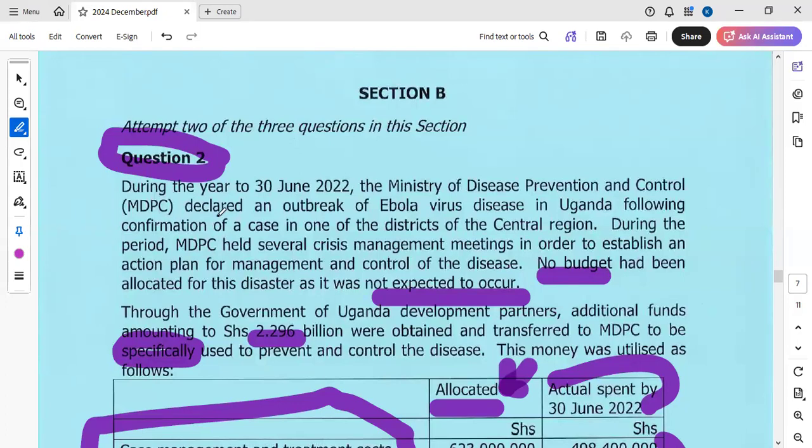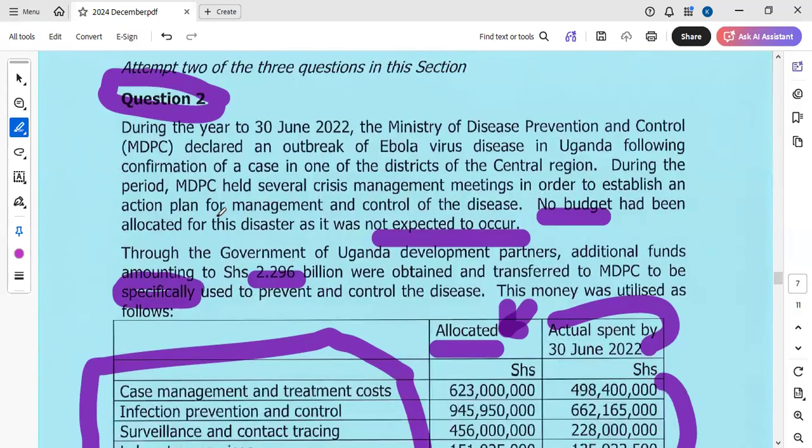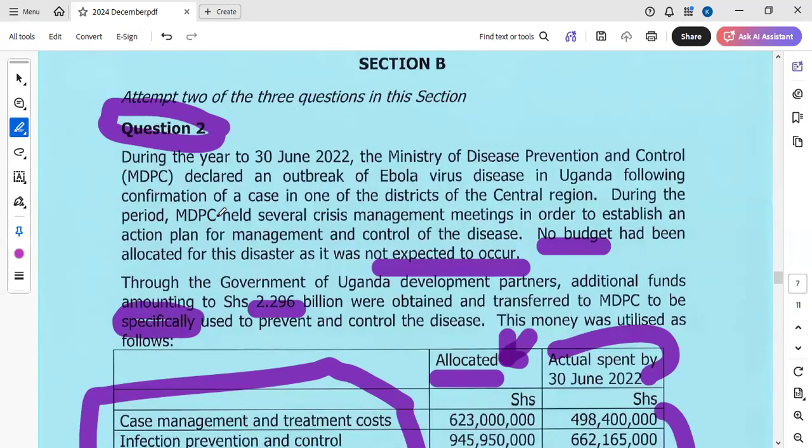Now for this, those are the only IPSASes we have: IPSAS 24, IPSAS 23. What about IPSAS 1? IPSAS 1, presentation of financial statements.